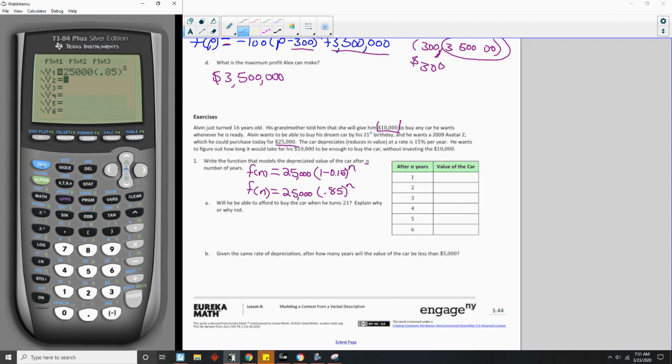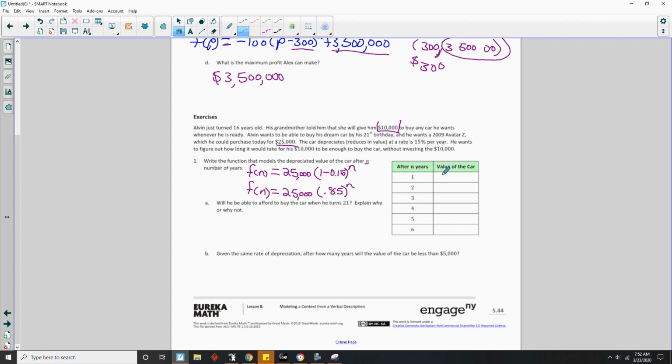Now I'm going to go to my graph. Second graph is table, and then I can enter. Well, after 1 year, it's $21,250.